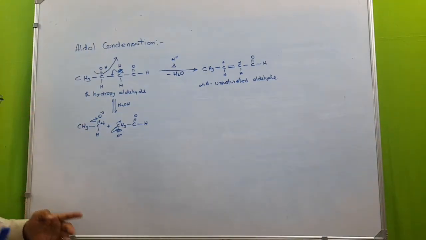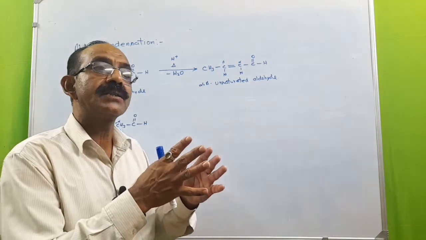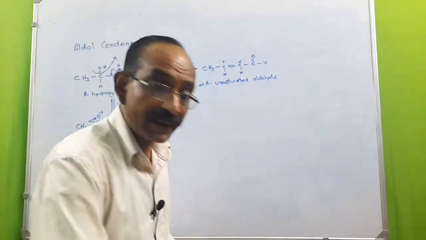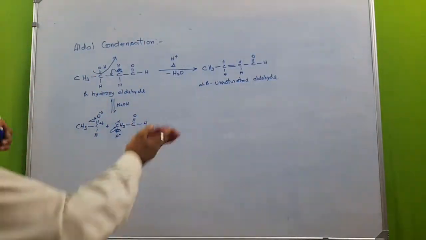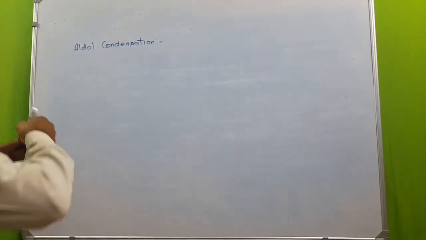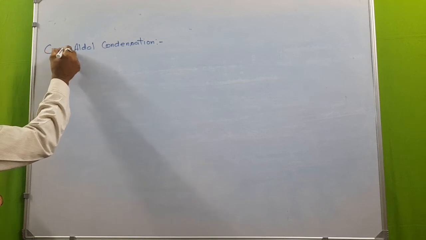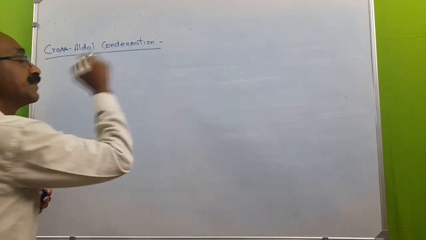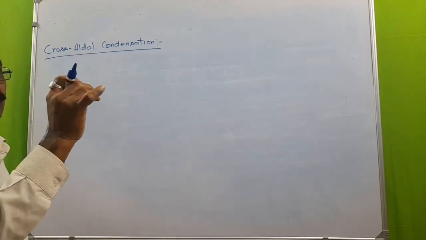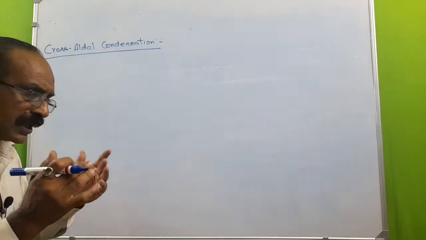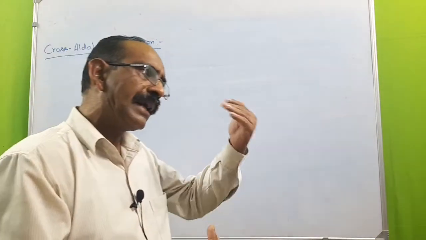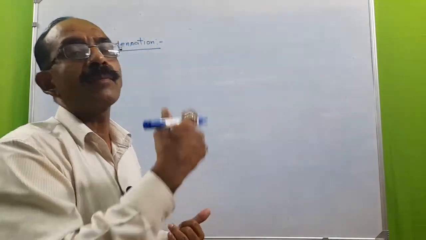But in case the two molecules of aldehydes or ketones which condense together are different, the reaction is called cross aldol condensation. Both different molecules may be aldehydes, both may be ketones, and it is also possible that one molecule is an aldehyde and another is a ketone.